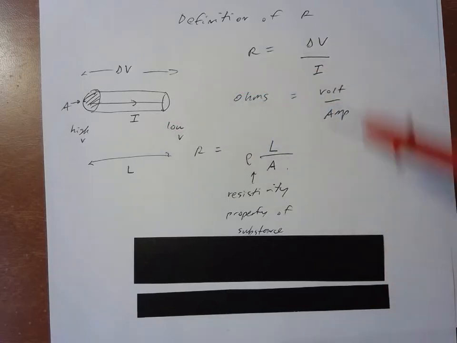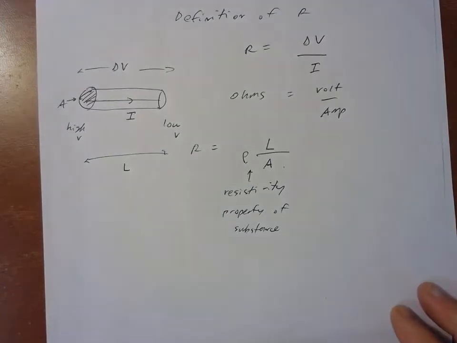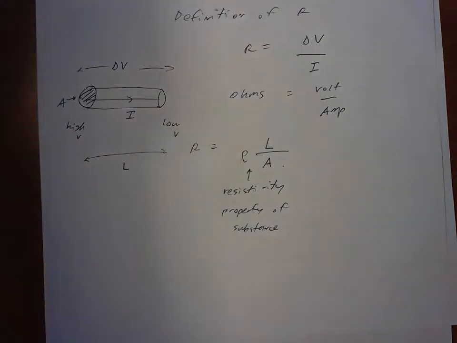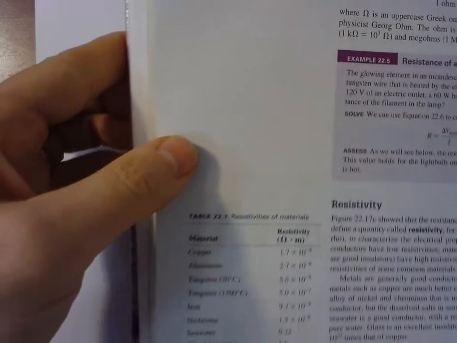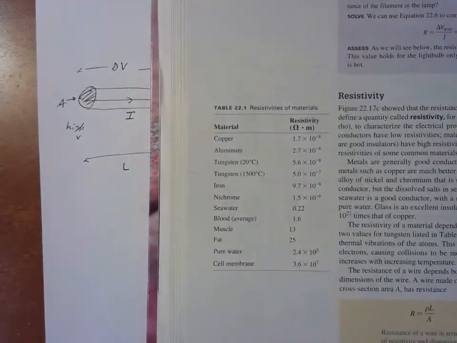So that's the idea. Alright, so those are the basic things that affect resistance. So different substances have different resistivities, and again, resistivity is a property of different substances, independent of their size, or how long they are, or what the area is. And in your textbook, you can see there's a table that has the resistivities of different materials.